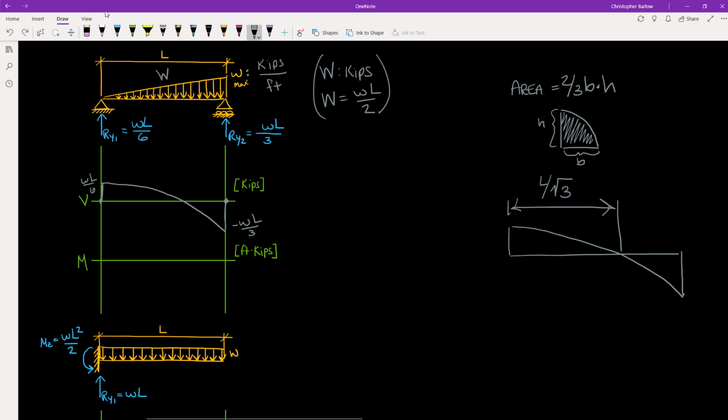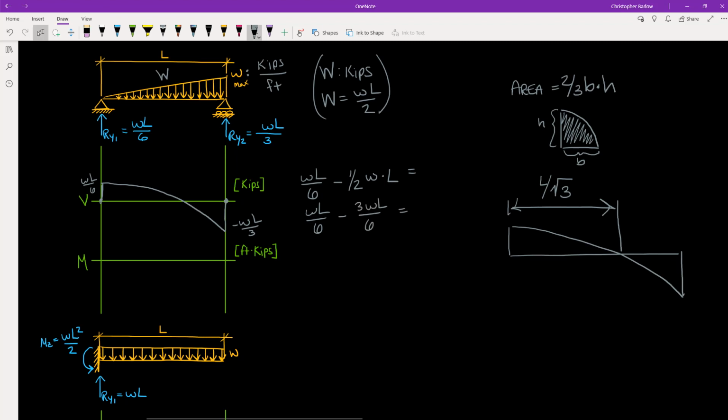So just to make sure that we did the calculation of our reactions correctly, if we start on the right with WL over 6, and then we decrease by the area under our load diagram, we get 1/2 times W times L. And this equals WL over 6 minus 3 WL over 6.